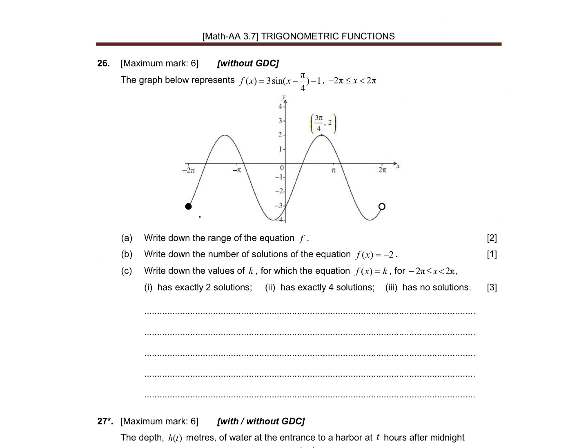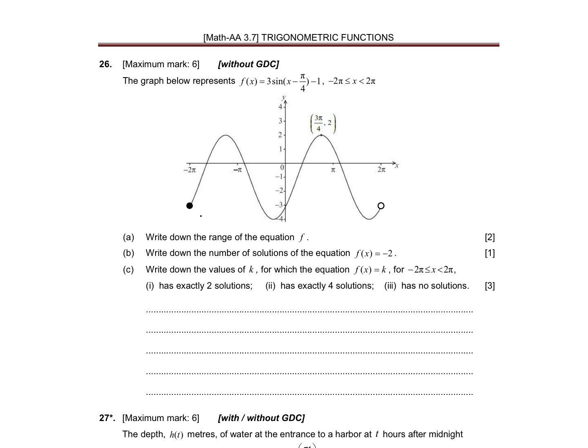Okay, 26. We've got this, write down the range of the function f. Well, it's going from -4 to 2. Write down the number of solutions for f(x) equals -2. So it's 1, 2, 3, 4.